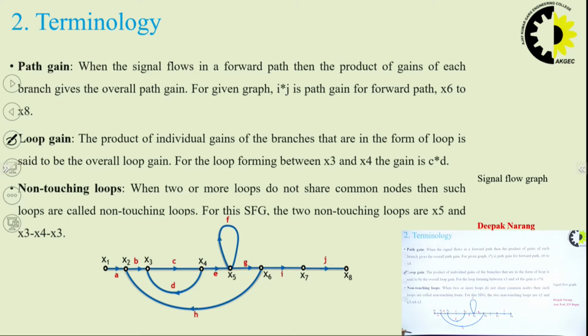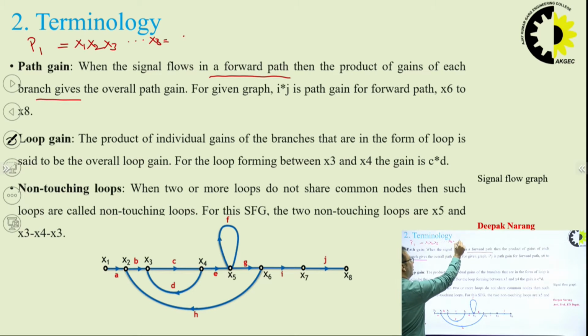Now, what is path gain? When the signal flows in the forward path, then the product of gain of each branch gives the overall path gain. If we find the forward path x1, x2, x3 and up to x8, all the gains encountered over any branch, the product of all the gains becomes the path gain of this particular forward path.